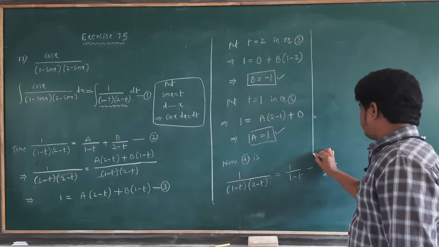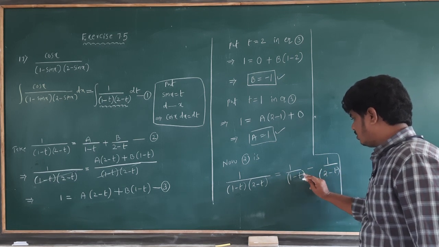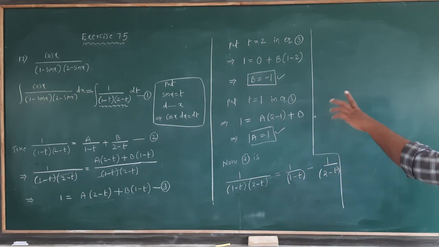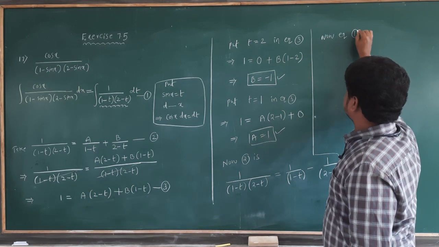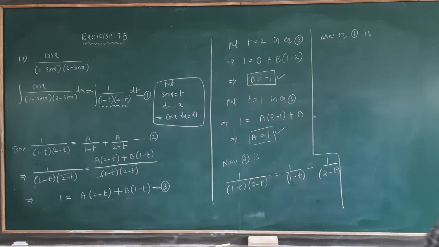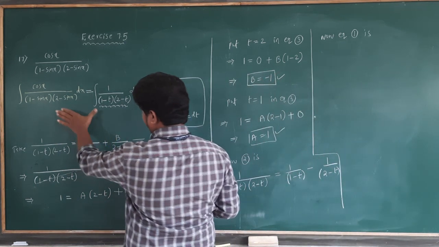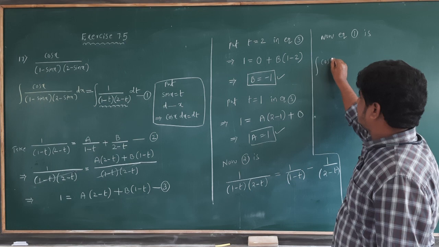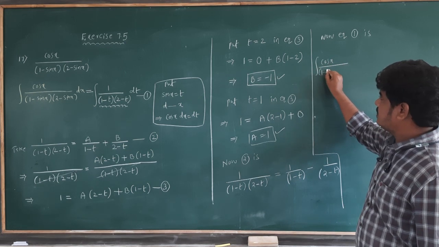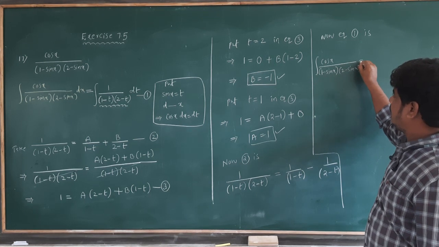Now equation 1 is, okay, can you see? Now equation 1 is the integral of cos x divided by 1 minus sin x into 2 minus sin x dx.